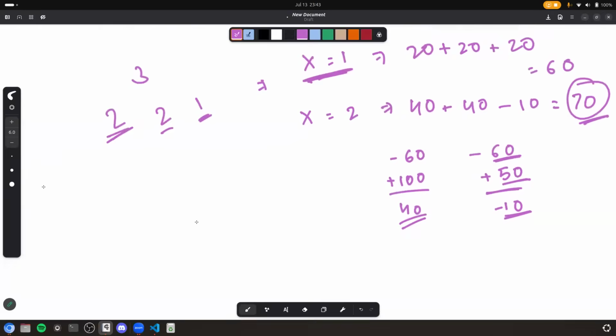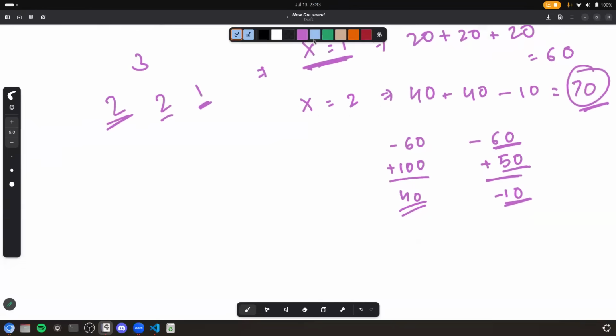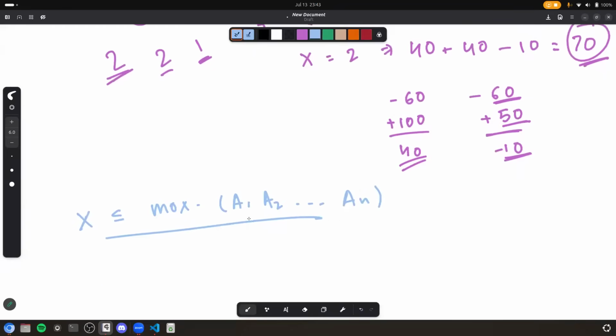One observation we can make from here is that whatever X we take, we are sure that X would be less than or equal to the maximum of A1, A2 up to AN. Because if we take X any bigger than this value, then we are just wasting cakes.